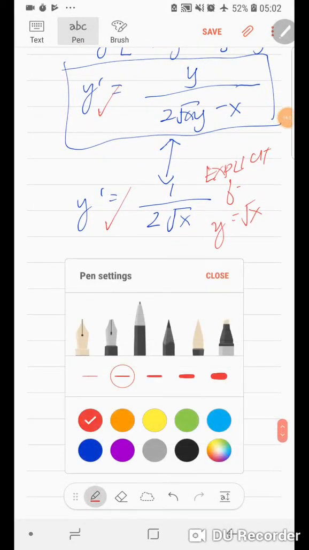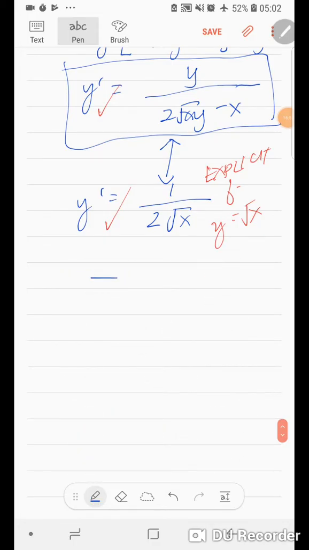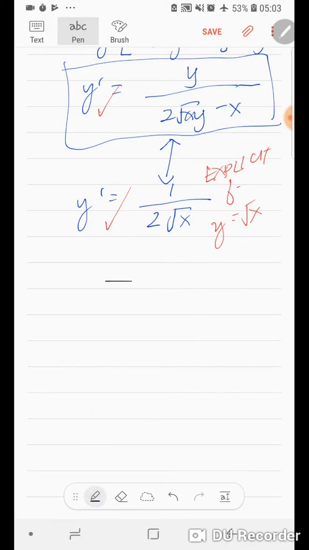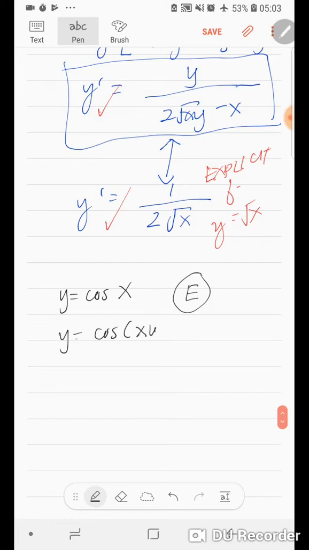And moving forward, so we have this function. Let's choose another color. Let's go back to black. So we have y is equal to cosine x, and we know that this is rather explicit. Let's choose cosine of xy as our implicit.